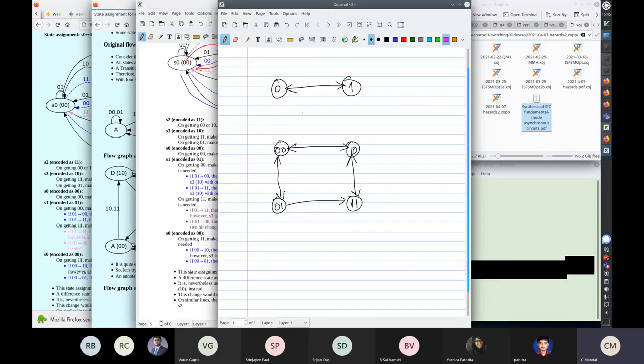Let us say that this is the 0 plane, and this is the 1 plane, and here again we put 0 0, 1 0, 1 1.